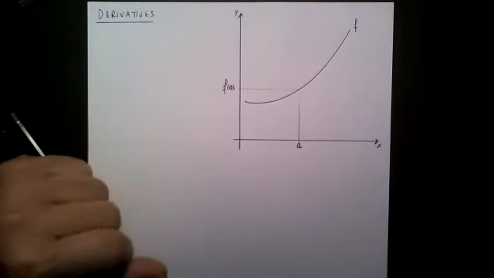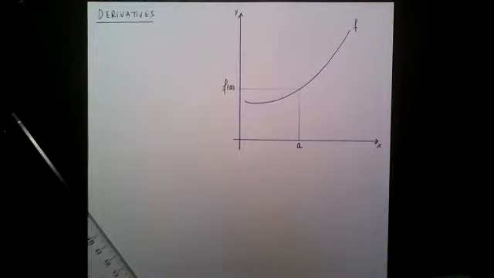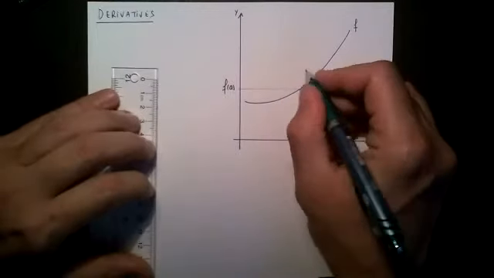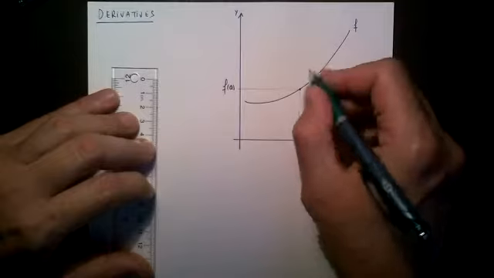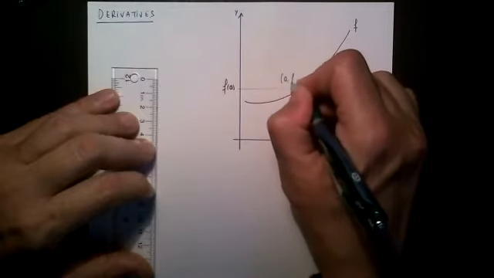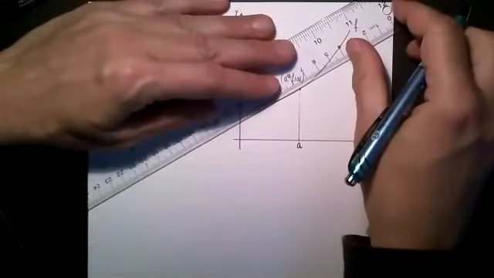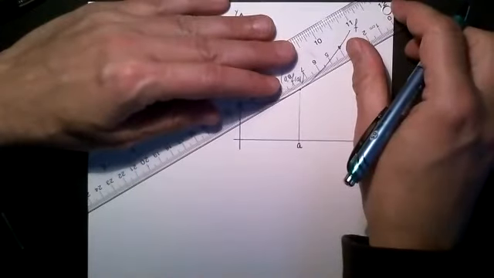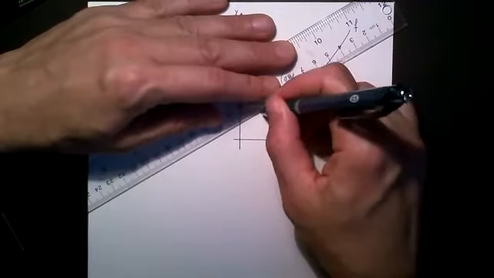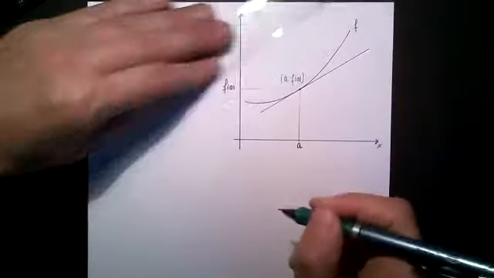And what I'm going to do is I'm going to take this point here, which is (a, f of a), and I'm going to draw a tangent line here. Okay, I'll draw a tangent.